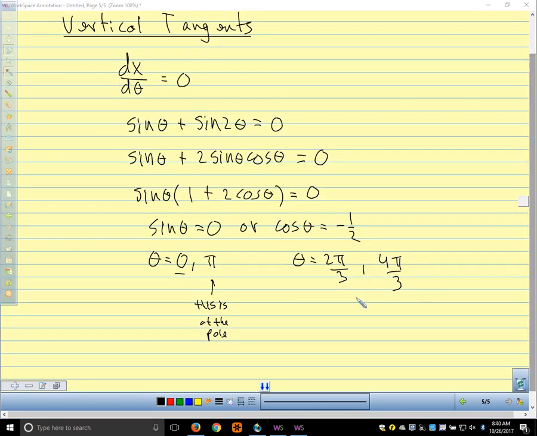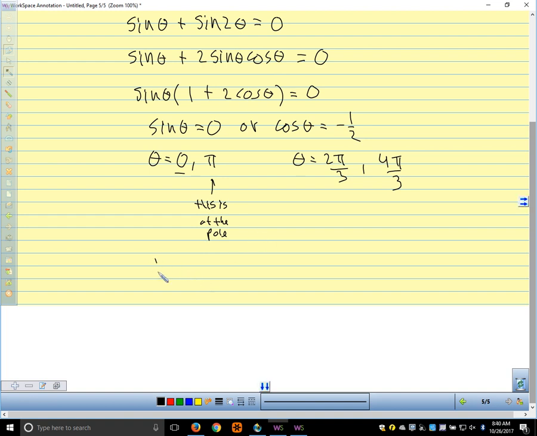So then we're going to plug this back into r equals 2 plus 2 cosine theta to get our points. Our points are (4, 0), (1, 2 pi over 3), and (1, 4 pi over 3).